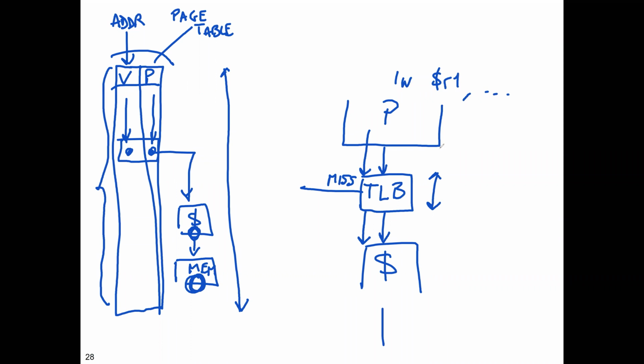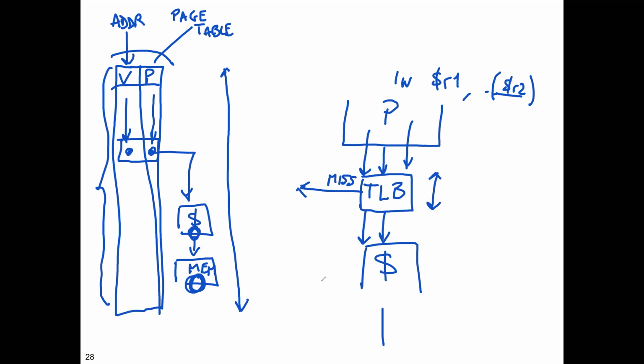I'm loading something from some address, maybe R2, and my processor has started doing the load, it would like to go to the cache or to the memory to get the value that can be put into register R1. In the middle of this process, it turns out that I don't know where the address pointed by R2 is physically in memory. And this is this miss.